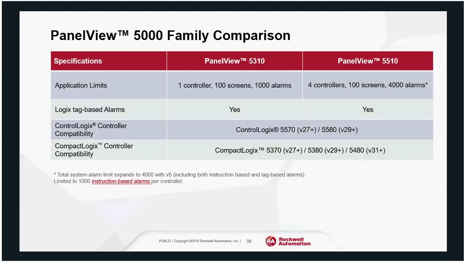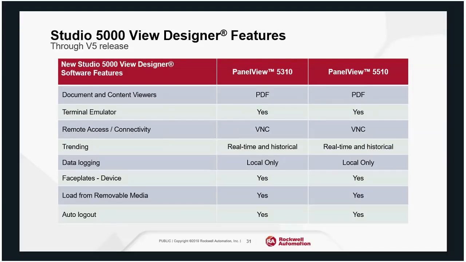And we have some limitations on screens, the 5510 supporting more screens and more alarms. Logix-based tags are supported in either, and most importantly, this will only work with your ControlLogix L7s, L8s, your CompactLogix 5370s, 80s, and 5480. VNC is supported in 5310 and 5510, and everything else is the same.